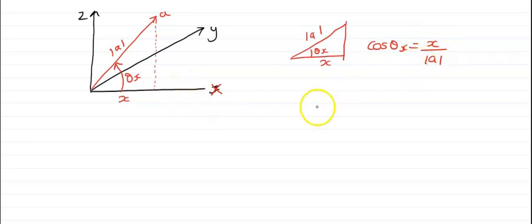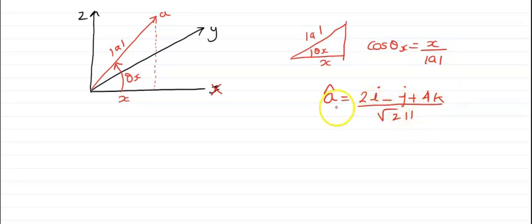Is that okay? In the previous question, our unit vector was 2i minus j plus 4k divided by root 21. So what angle is theta x?